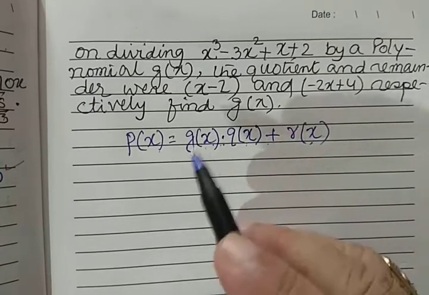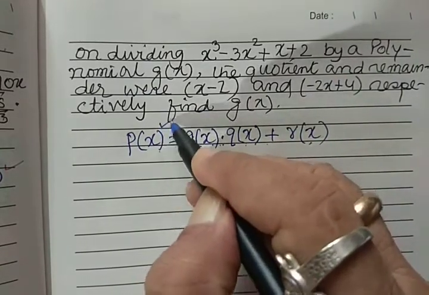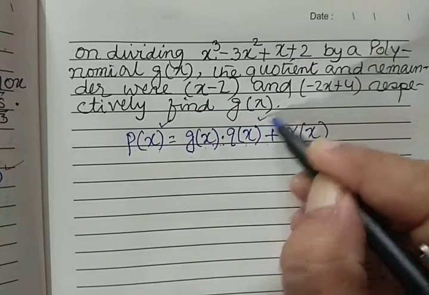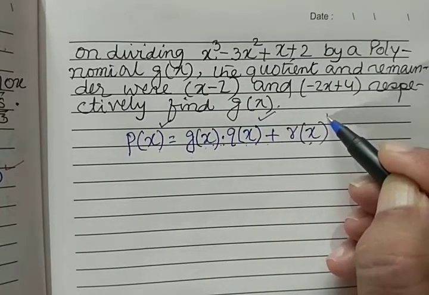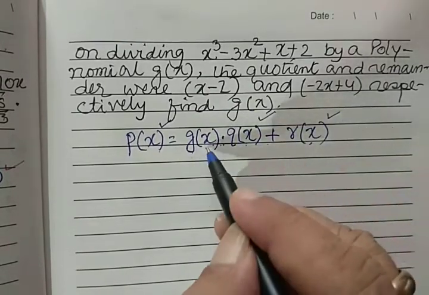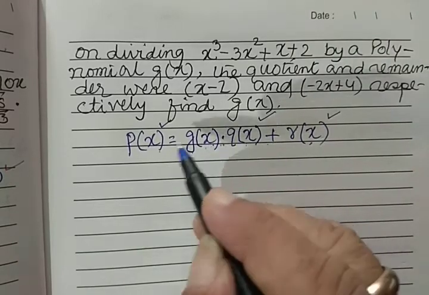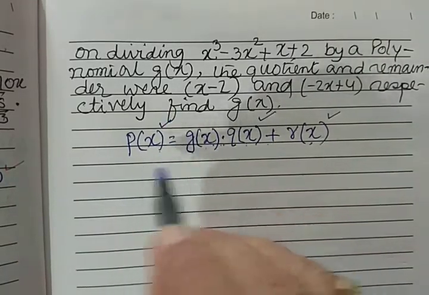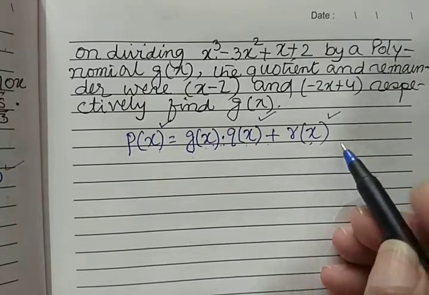So in this one, you know p of x, you know q of x, you know r of x. You have to get g of x. Replace in the given equation.